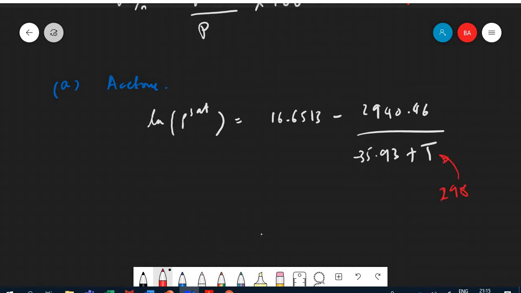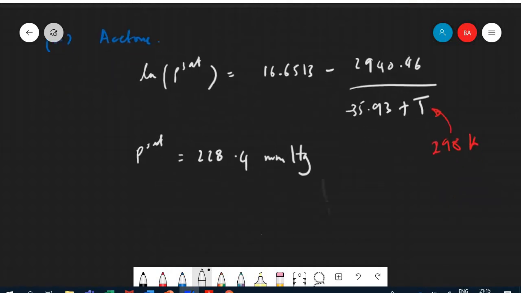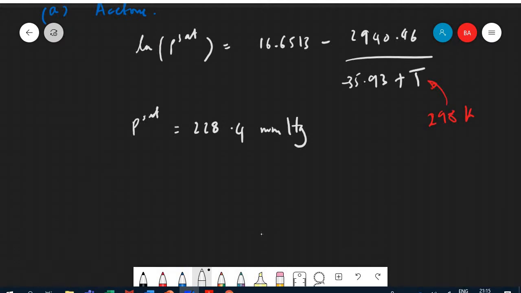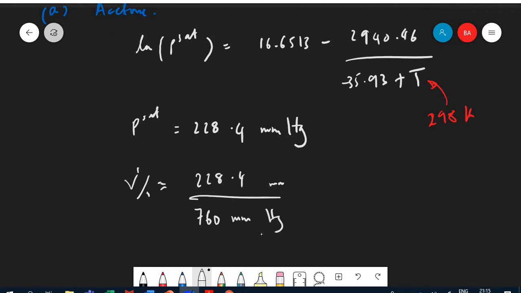And by that, I'm going to find Psat is equal to 228.4 millimeter mercury. Always be careful with the units, by the way. The volume percentage is going to be 228.4 divided by the total pressure, which was 1 atmospheric pressure, 760 millimeter mercury, and that will be 30.1%.